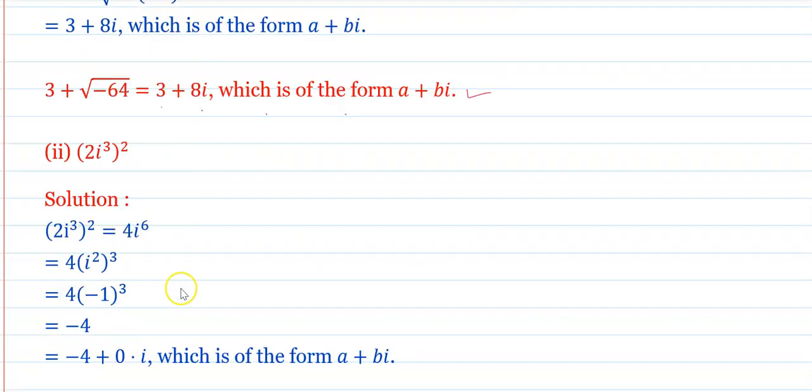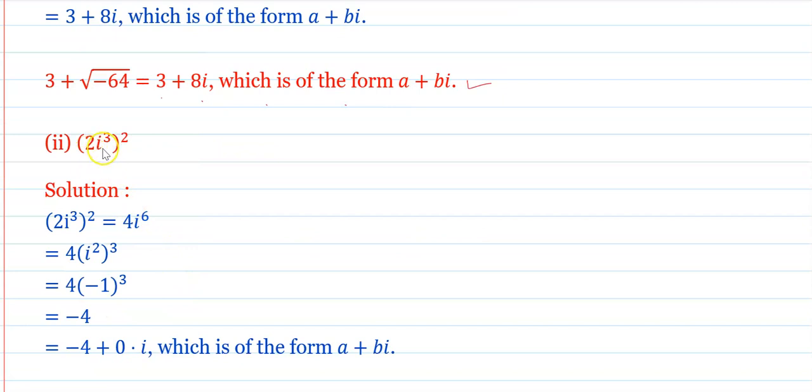That's an easy question. Next is (3i cube) bracket square. The square means 3 squared, which gives 9, and i cube bracket square gives i raised to 6. Now i raised to 6 can be written as (i square) bracket raised to 3, but i square is minus 1.